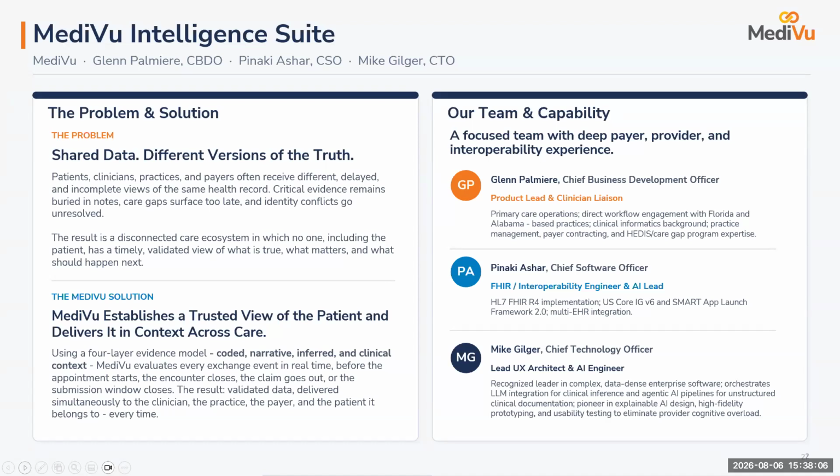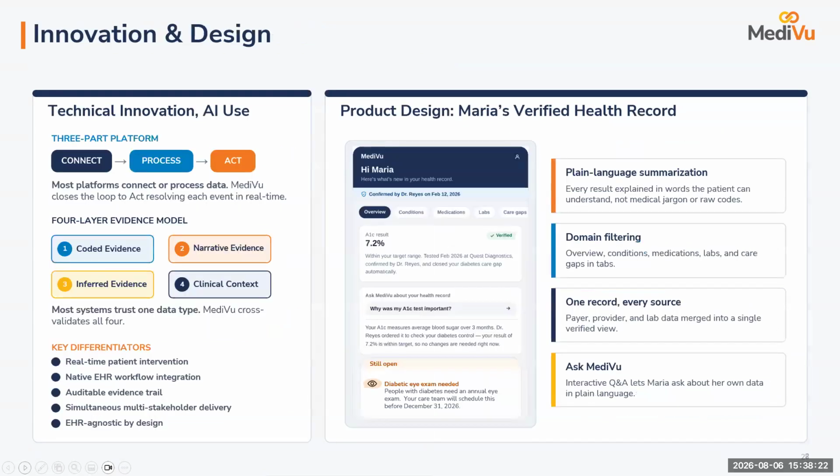Patients, clinicians, practices, and payers are all looking at conflicting pictures of the same record and making critical decisions based on data that may simply be wrong. MediVu doesn't just make your health data readable, we make it complete. The engine behind that trusted view is MediVu Intelligence Suite, which checks every event in real time against the 4-layer validation model: coded compliance, narrative accuracy, inferred logic, and clinical context, all for every event.